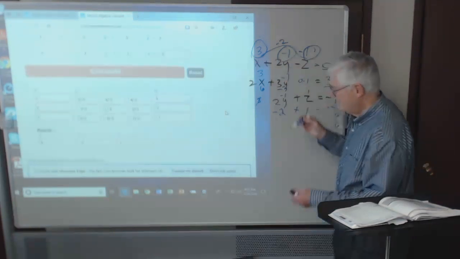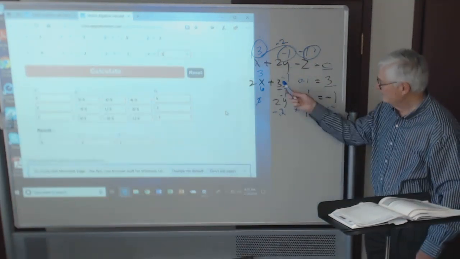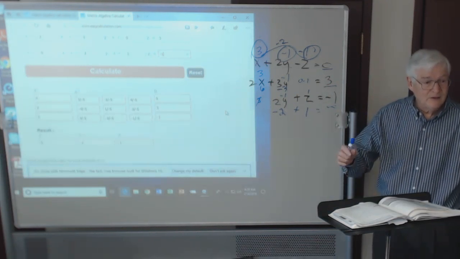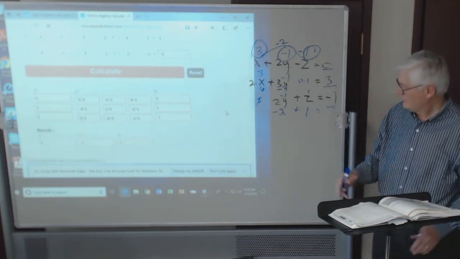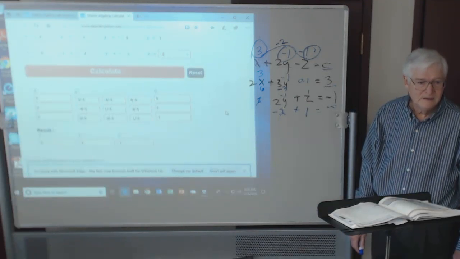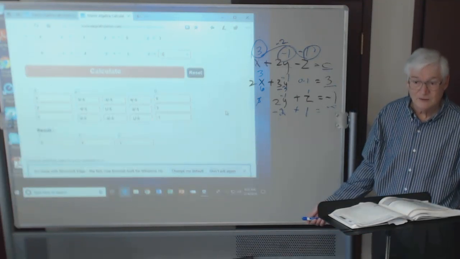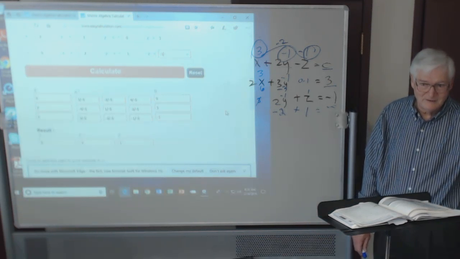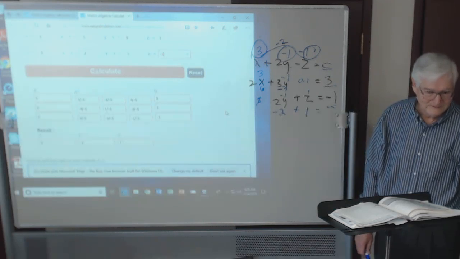You just found the 3 numbers that will satisfy all 3 conditions. So you just found the solution set to this system of equations. That's why it's so complicated, and that's why there's a place on the internet to do it.